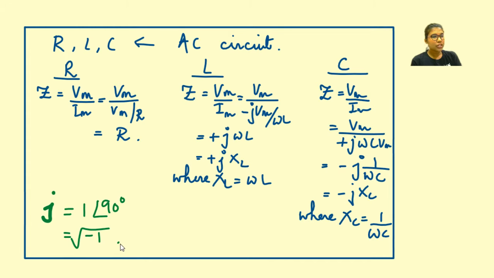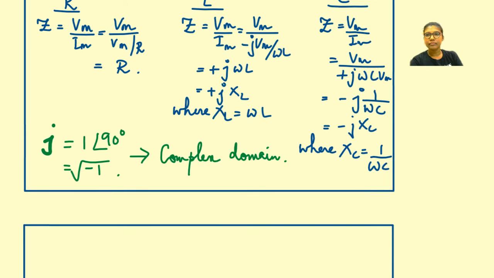Now with the introduction of J, we are no longer into the real plane. We get into a domain that is called the complex domain. So if you start plotting a complex plane, then it looks something like this.